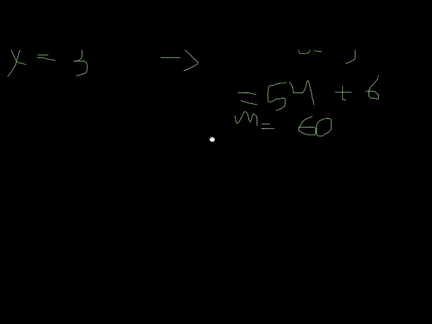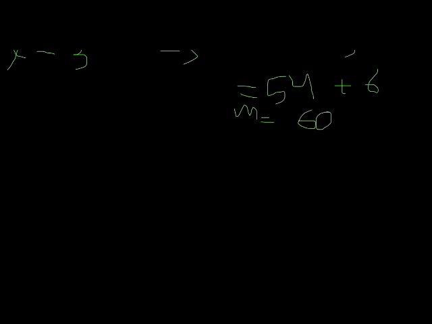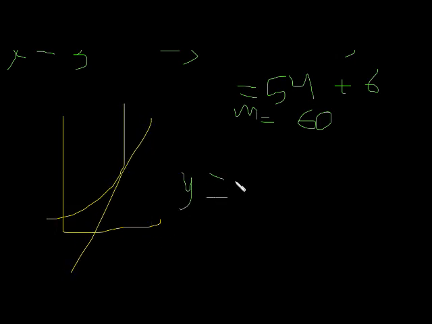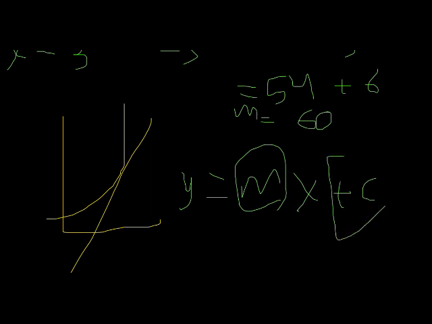Now we know that the tangent will be a straight line on a graph. And for the equation of a straight line, we know that it is always something like y is equal to mx plus c, where m is the gradient and c is the y-intercept. That means the point on the y-axis at which the line cuts.